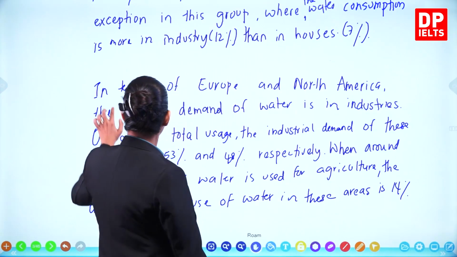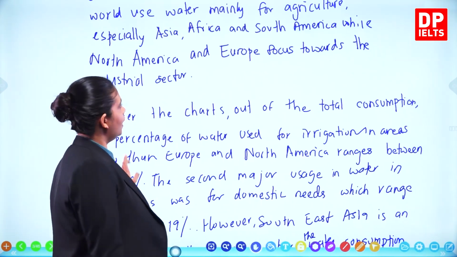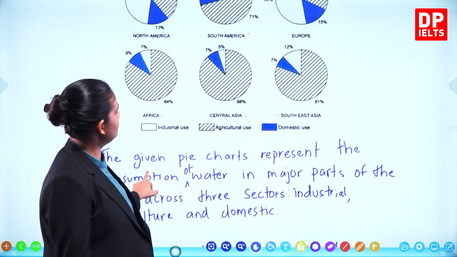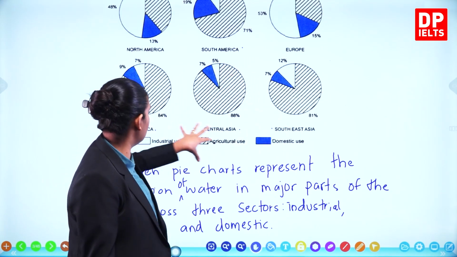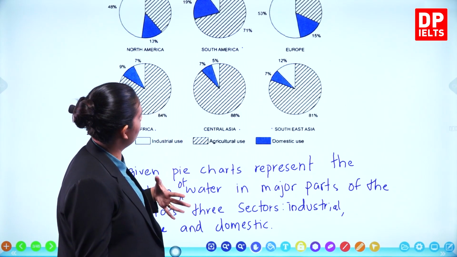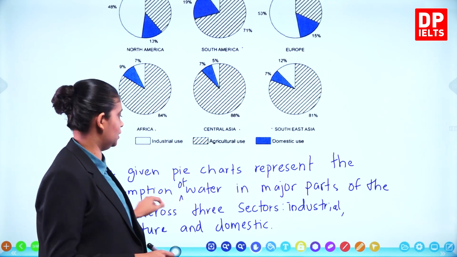Right, so what I have done here is, remember I was talking to you about the charts and I kept some blue dots. So I put South America, Asia and Africa into one para, and then I spoke about Europe and North America in a separate para because the trend was a bit different, okay.